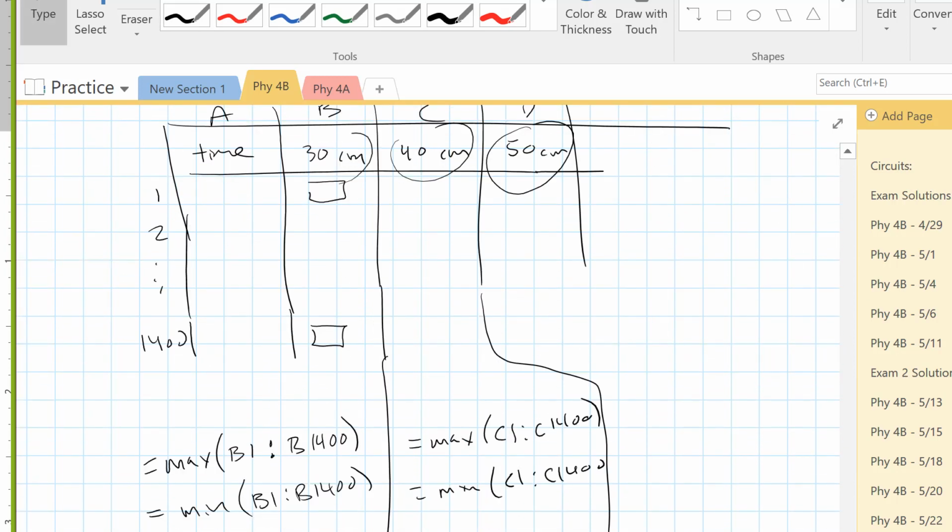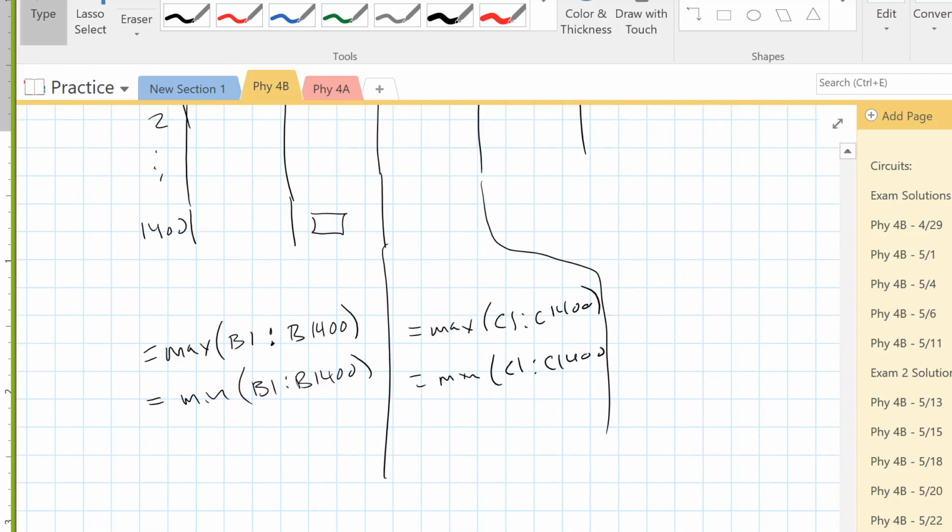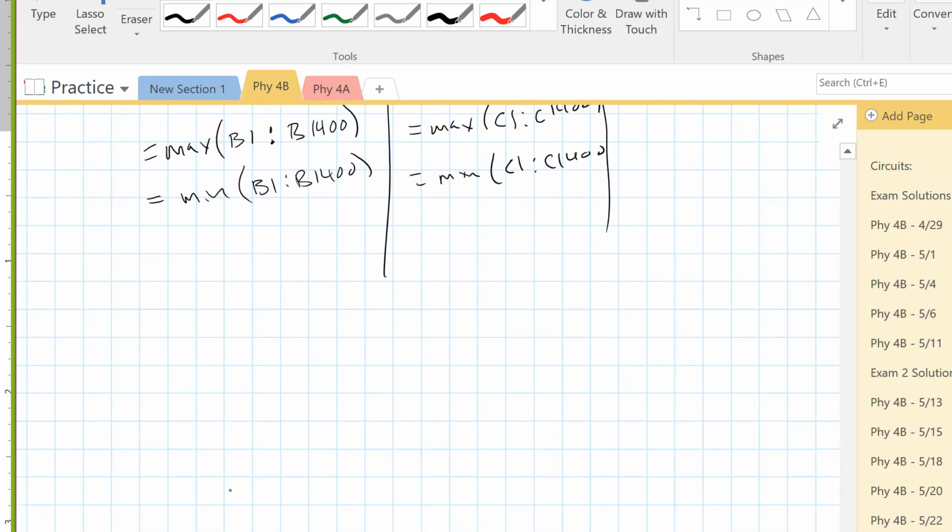Okay. Then for the next part, you're going to follow the instructions in the write-up. But what we're going to do is you've got a signal that looks like this, right? I'll just draw it like this.